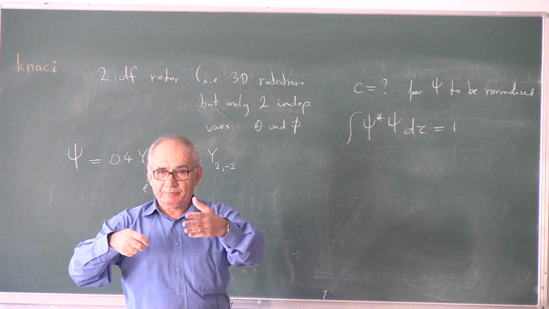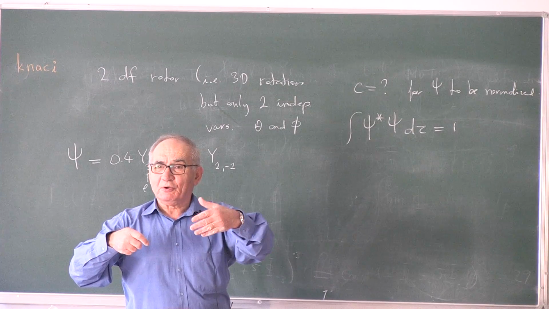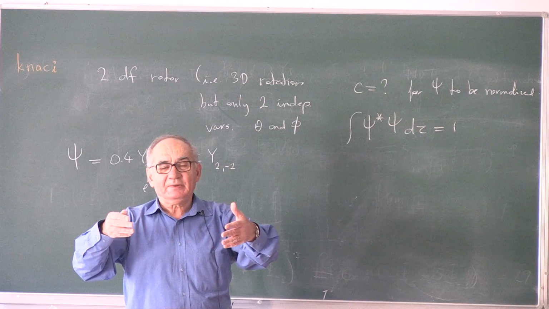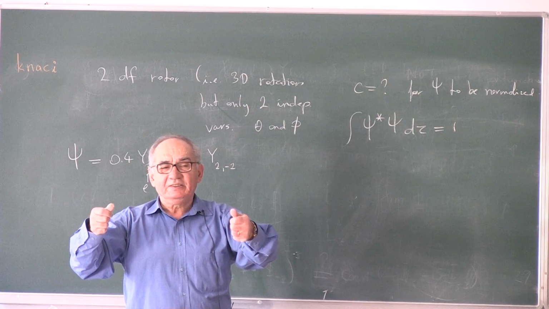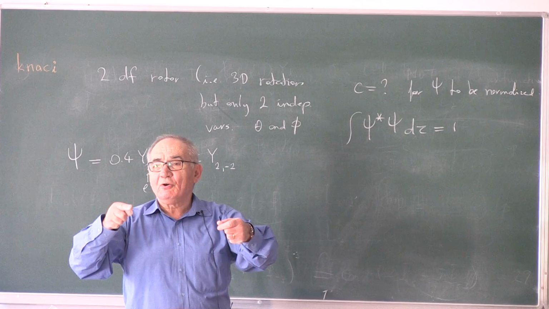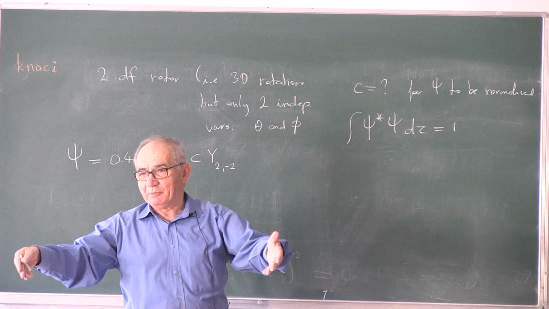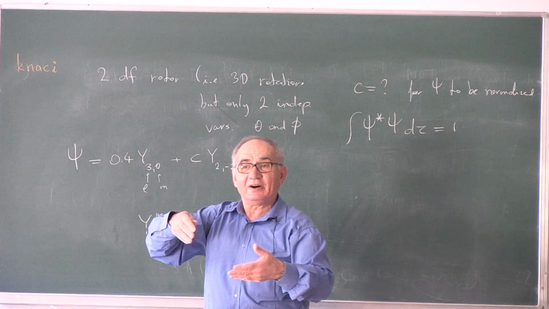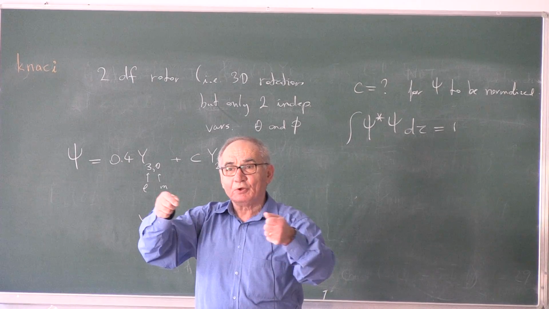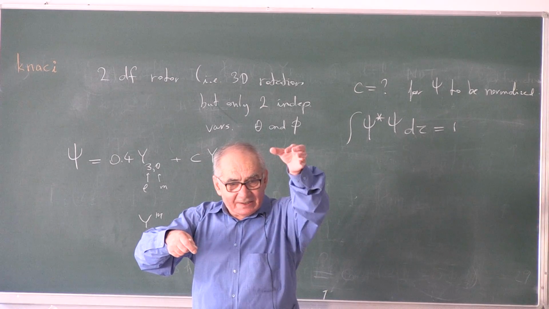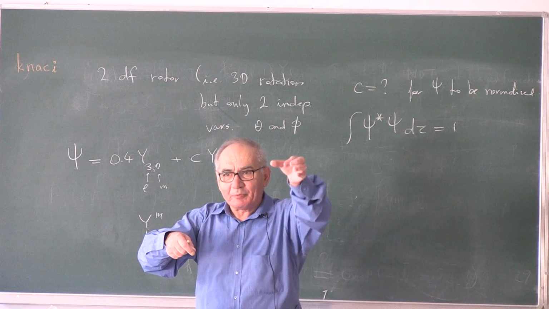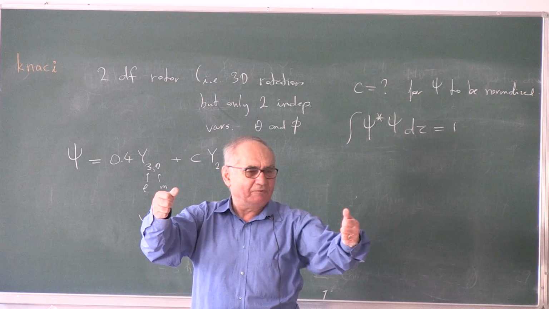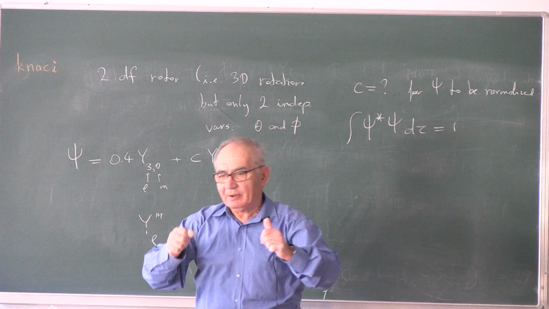And if you are also told that those functions are normalized, then we will say that such functions satisfy orthonormality property. And the standard spherical harmonics satisfy the orthonormality property, which means the standard spherical harmonics are already normalized, and they of course satisfy the orthogonality property.